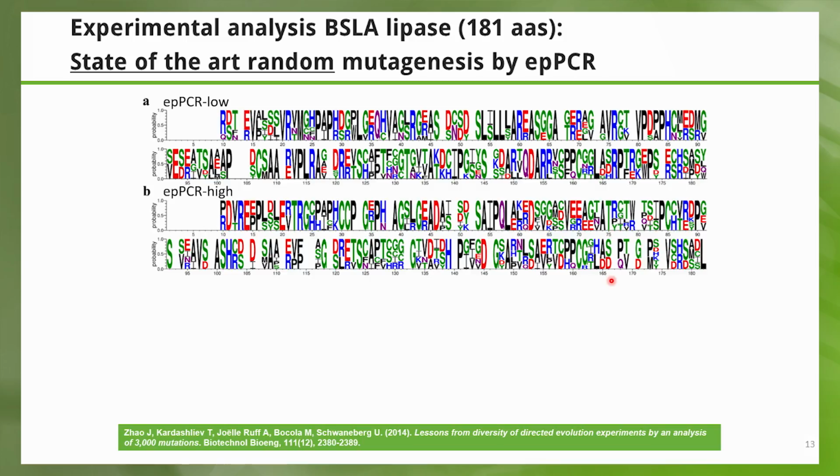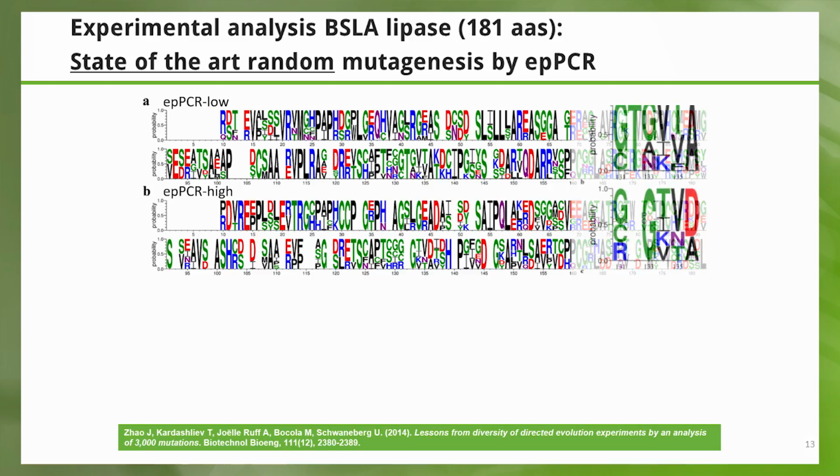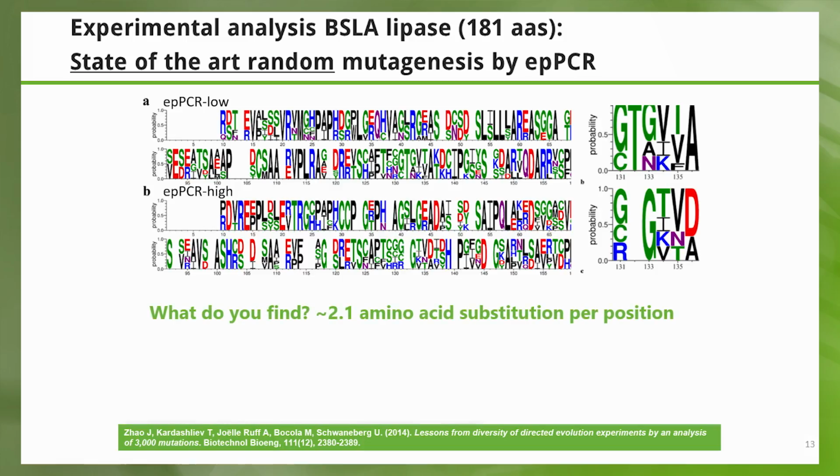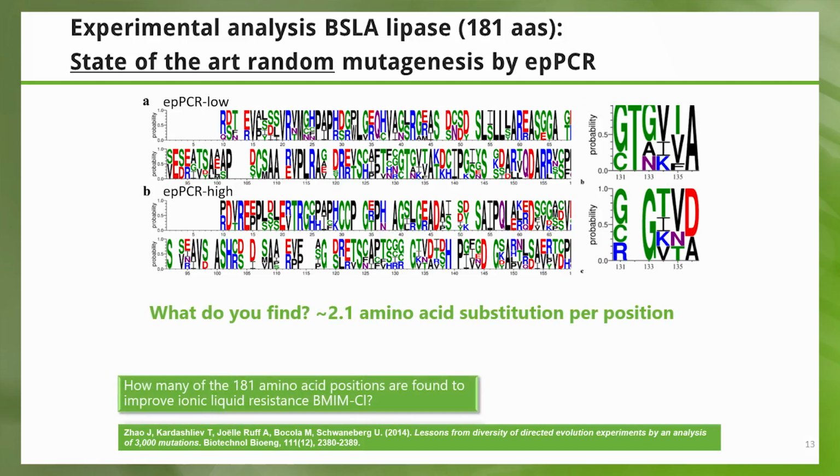And remember, nature offers you 20 building blocks, so 19 other amino acids compared to the amino acid that is present. So 2 out of 19 is not bad, but also not that impressive. And if you now screen such a library for an improved resistance, for example, against a certain salt, which is a completely non-natural condition, you can, by this approach, find 15 or 18 positions that give you an improvement in the resistance against the salt.